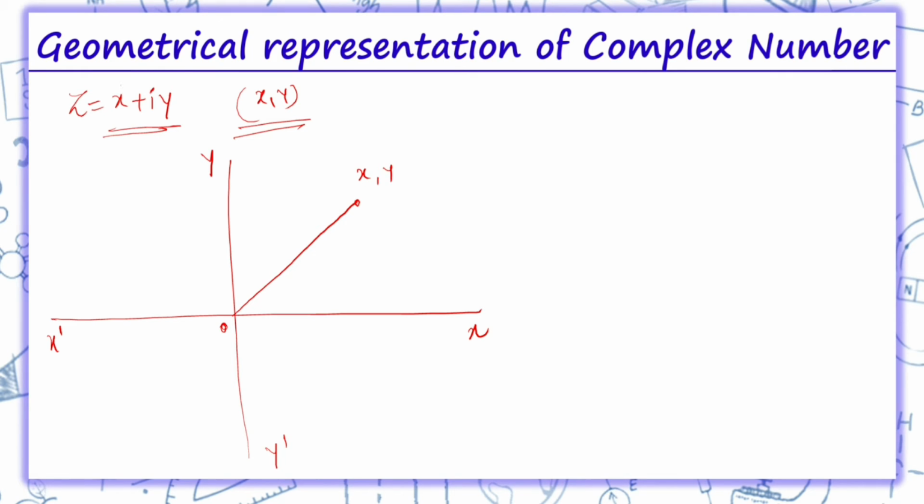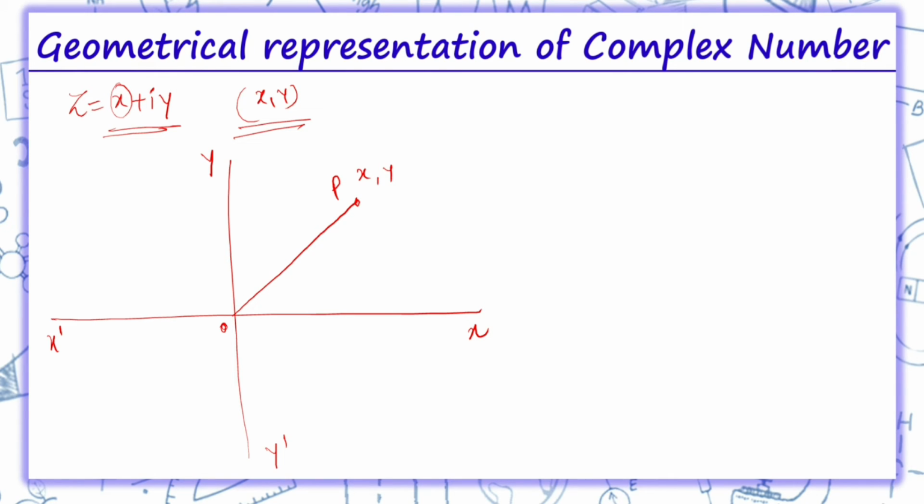Over here the x denotes the real part and y denotes the imaginary part. So this is a plane basically which represents complex number geometrically, and this is known as complex plane, or we call it as a Argand plane, or we call it as a Gaussian plane. So this point P is plotted on the Argand plane and it is called Argand diagram.